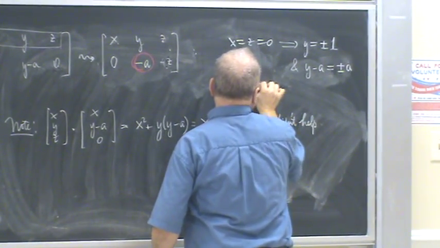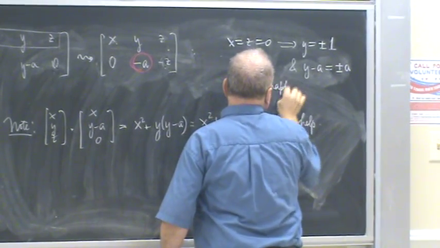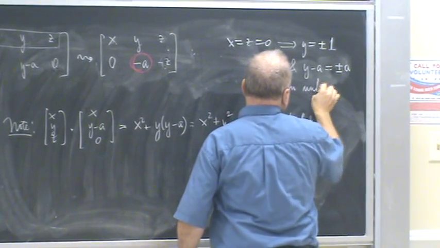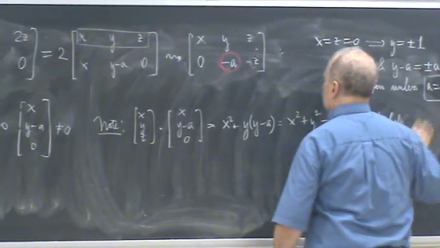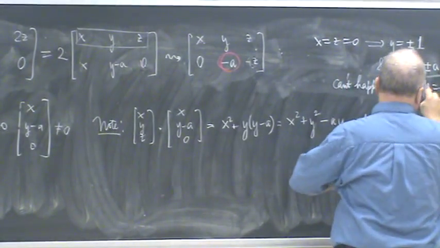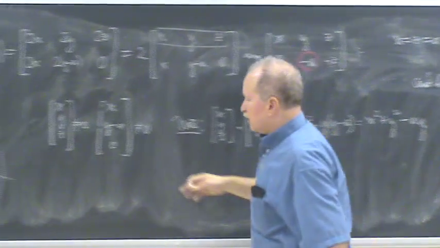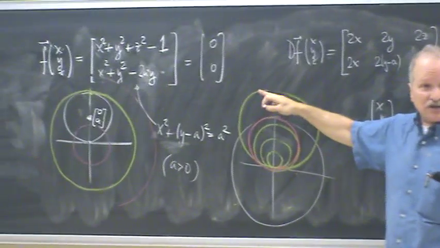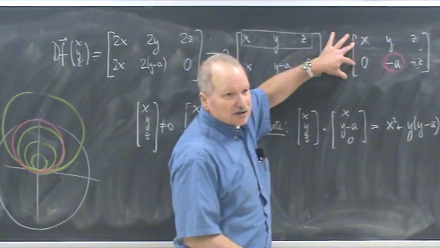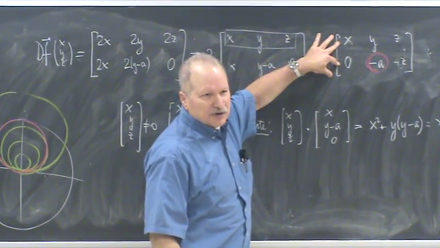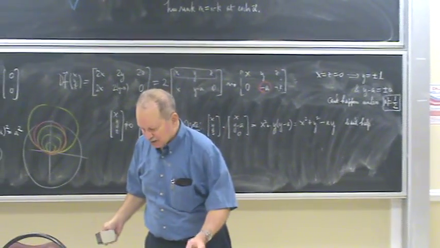This can't happen unless A is plus or minus a half, in which case you're getting the tangency that we saw in the picture. And if A is anything else, this matrix has rank 2 for all points. Okay, sorry about that. Have a good break, if I don't see you in office hours between now and then.